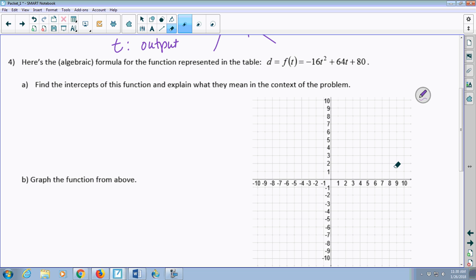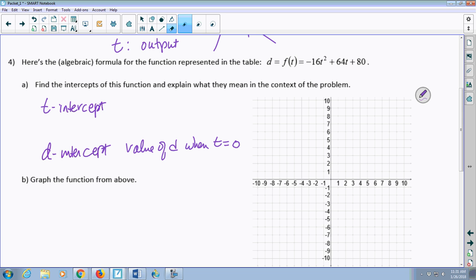Intercepts, we have our x-intercept. In this case, it's not going to be called the x-intercept, but the what intercept? T-intercept, right. And we're going to have our d-intercept. So the d-intercept is the value of d when t is 0.